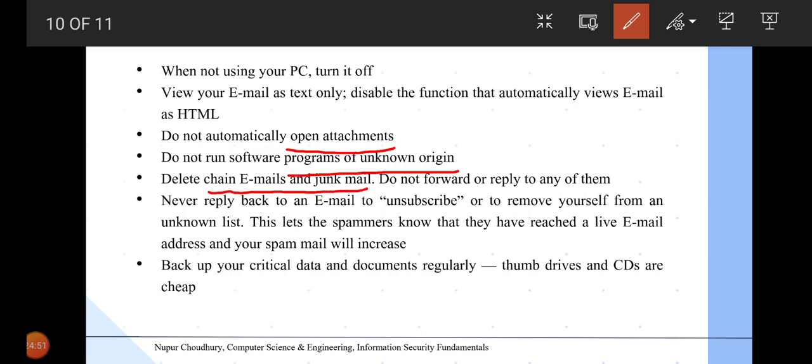Do not forward or reply to any of them, and we should not reply back to the email or subscribe or unsubscribe or remove ourselves from an unknown list, because sometimes we get all those emails from various advertising companies.